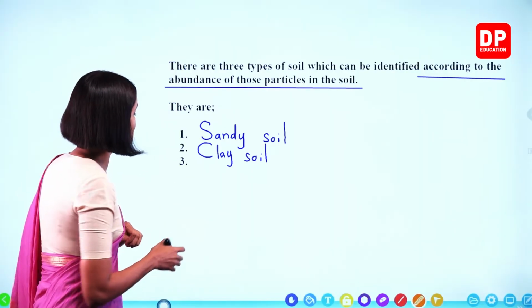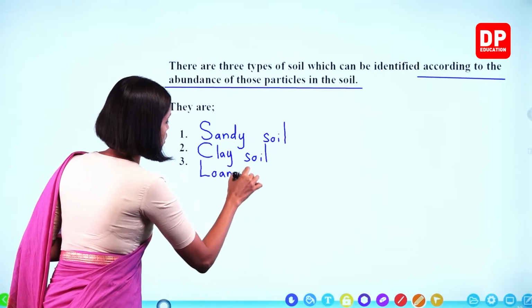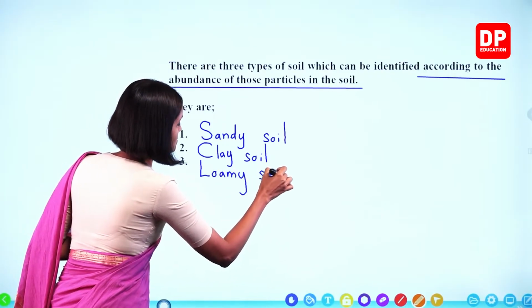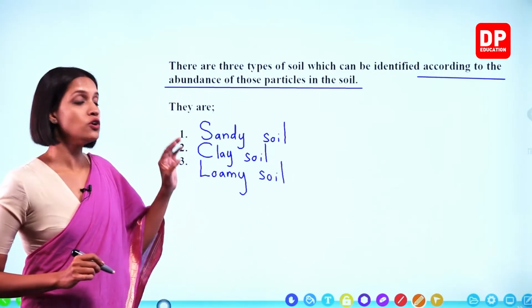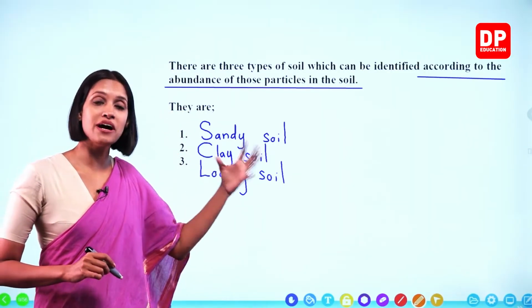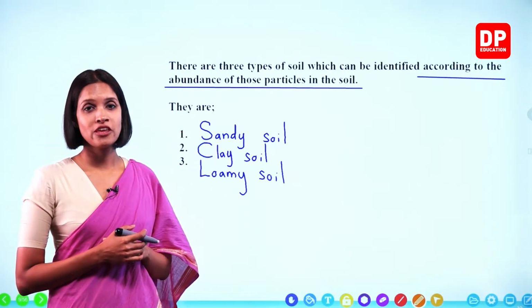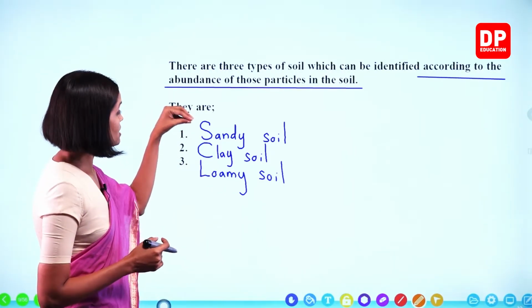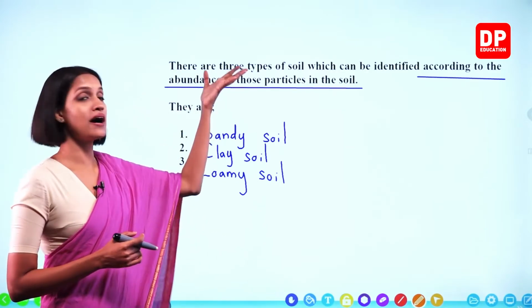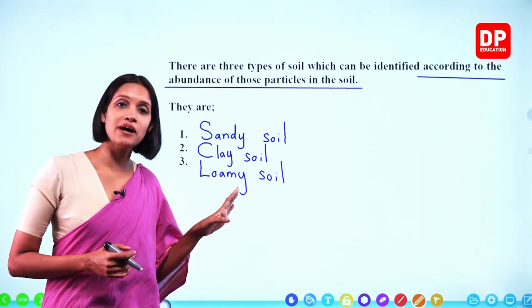The third type is known as loamy soil. Loamy soil is a mixture of sand, silt and clay, all 3 particles in a certain ratio. Sandy soil has more sand particles than silt and clay particles.